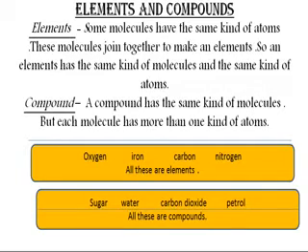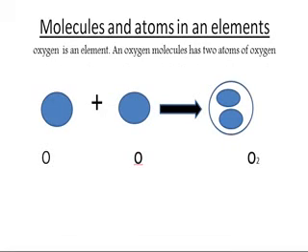Oxygen is O2. It is made up of two atoms, but they are of the same kind. If you compare with water, water is made up of hydrogen and oxygen, so that becomes a compound. Oxygen is an element, and an oxygen molecule has two atoms of oxygen.